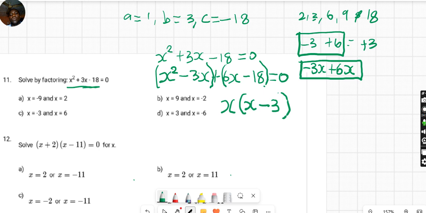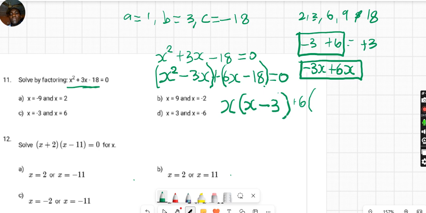The next we need to do is we come to this second bracket and factor out what is common. What is it that is common there? What is common that I can see is 6. So we are bringing 6 out, open bracket.